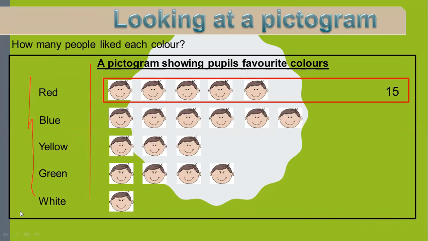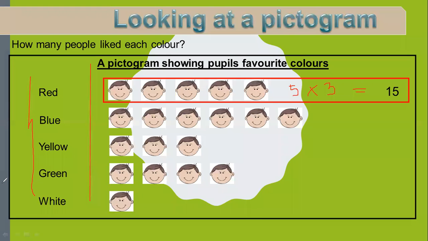Because remember I put a key or scale of 3, ya kan? Saya taruh skalanya 3. Then how many faces are here? This is 1, 2, 3, 4, 5. It means I have to make it 5 times 3 because one face represents 3 pupils, so it's equal to 15.